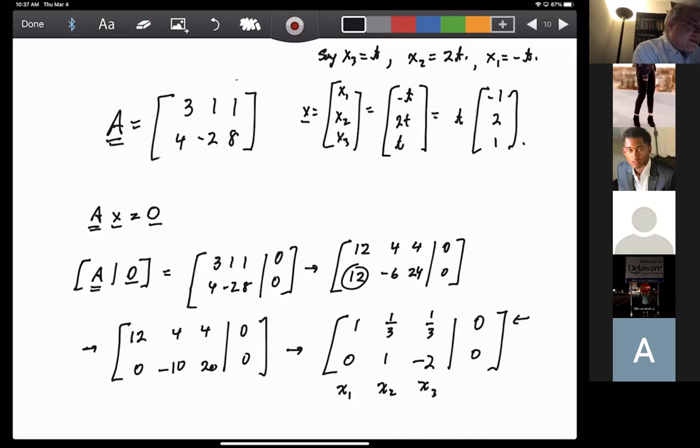So notice we've got the null space of the matrix. Every entry in the null space is a multiple of the single vector -1, 2, 1. So we've explicitly written that the null space of the matrix A is the span of the vector -1, 2, 1.